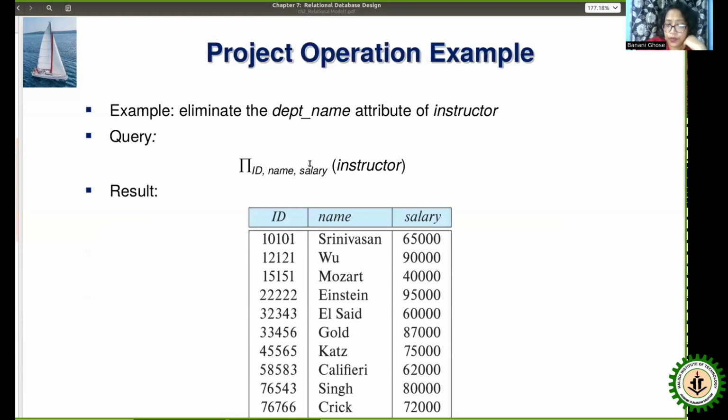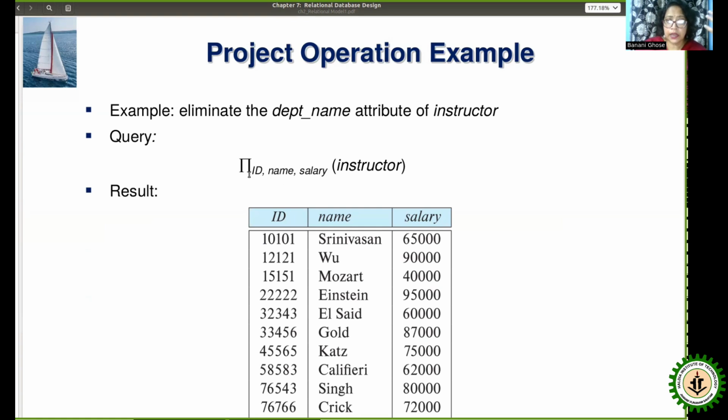Now, coming to the example. If you are interested in fetching the ID, name and salary from the instructor table, what operation will you be using? You are interested in cutting all the attribute values. So whenever attribute values are to be fetched, you are going to use the project operation.